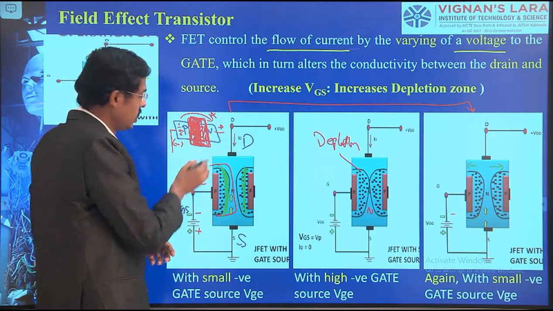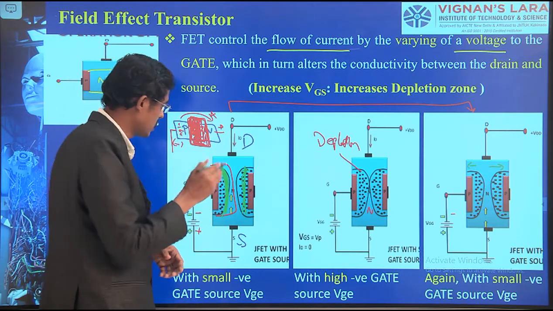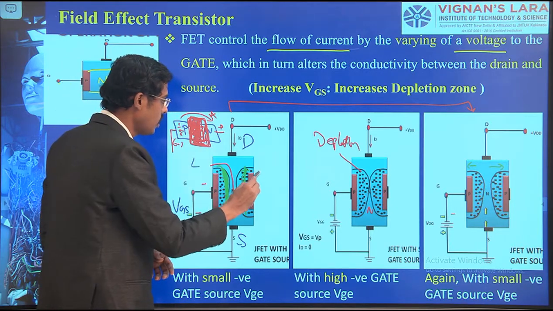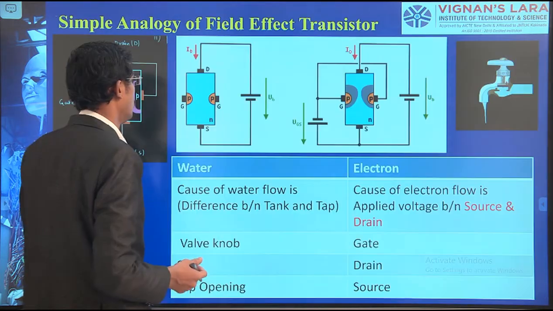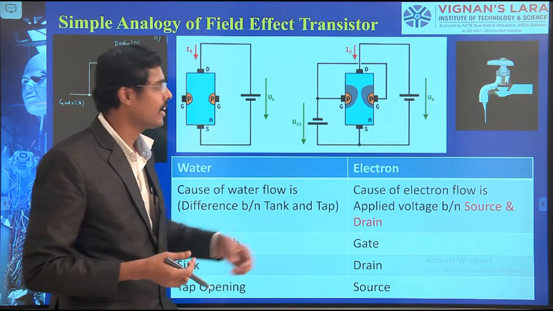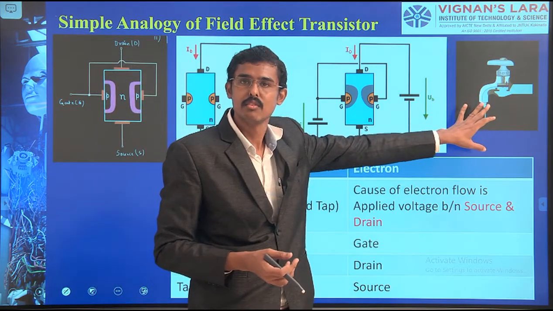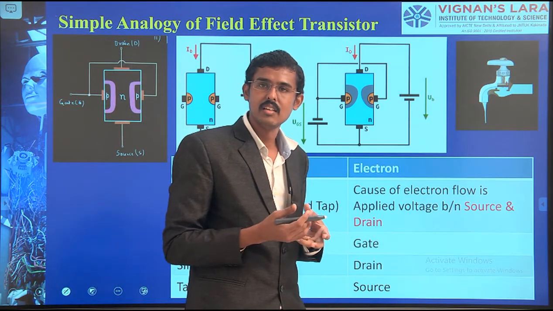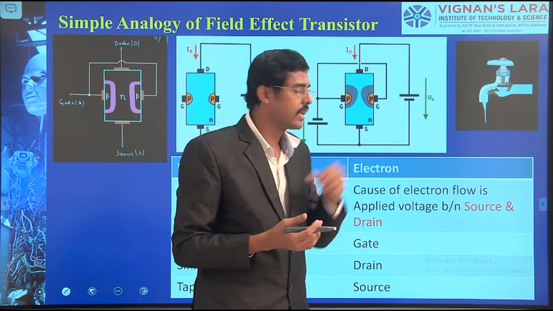This you should remember. Here we have found two PN junctions, one on the left, one on the right side. For example, I have taken a tap for this FET. I have taken a tap here.